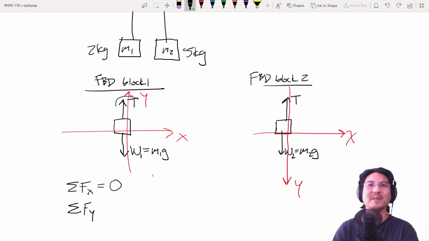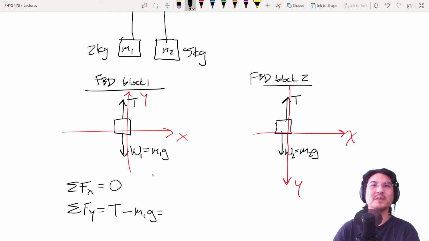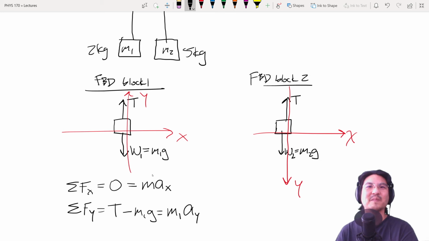So that means T is positive. Positive T. Since this way is y, this is negative. So that's negative m1 g equals mass of block 1 times acceleration, but only the y component. I didn't write it here. This is mass times acceleration, only the x component.